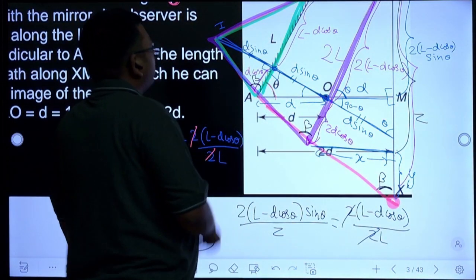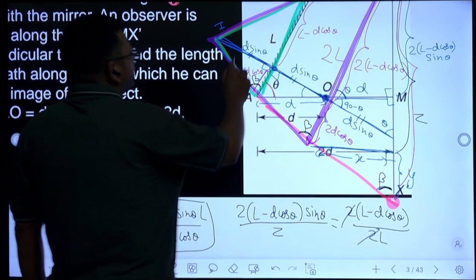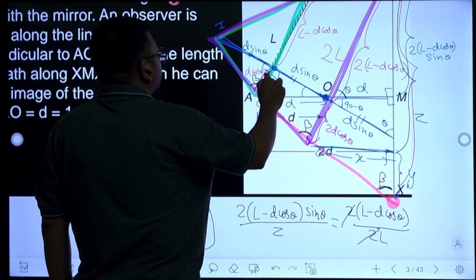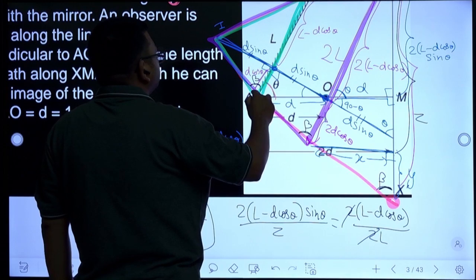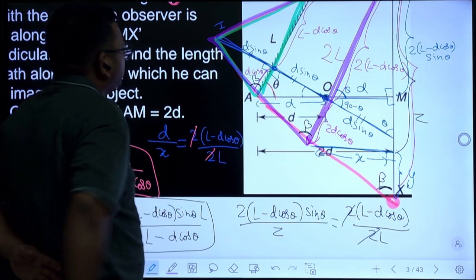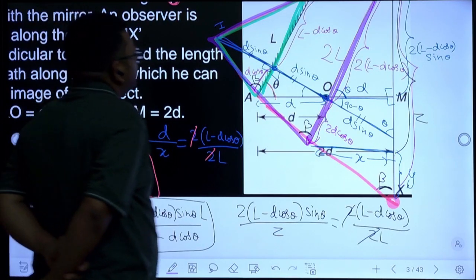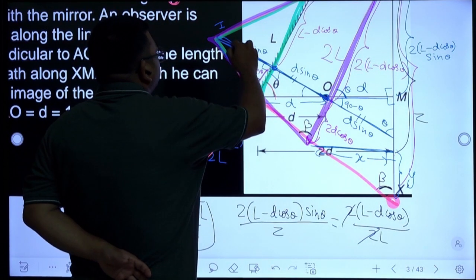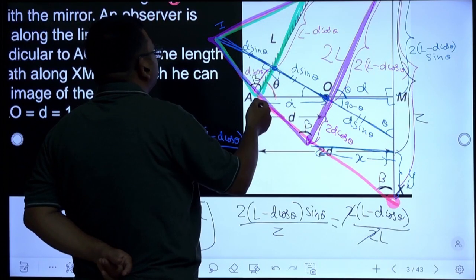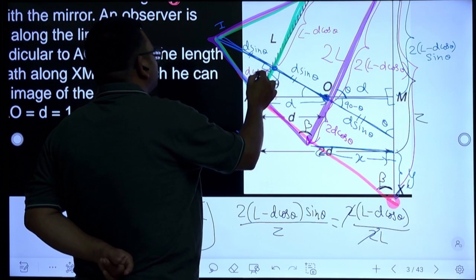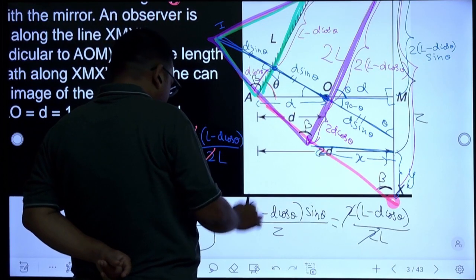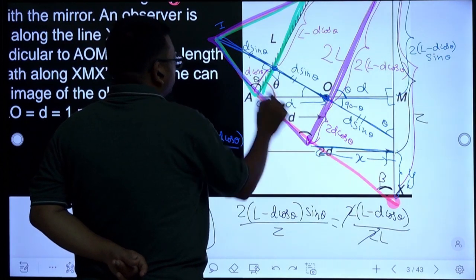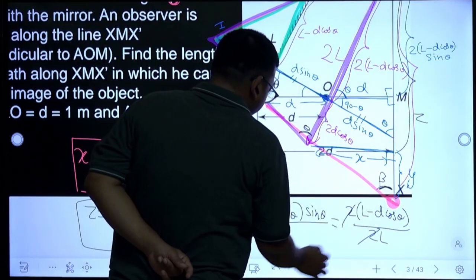Can we calculate beta? Yes, because d sin theta by d cos theta, that is tan. Correct, right? This is tan only, isn't it? So I think this angle is also going to be theta only, because this by this ratio is giving us tan. So this beta is theta only. So no need to worry now. Then beta is theta only.